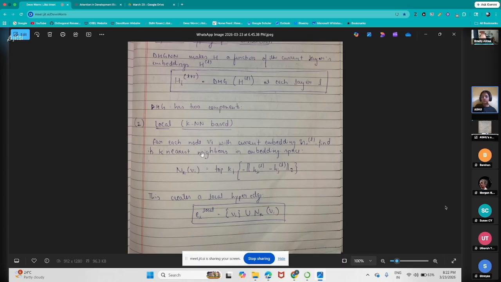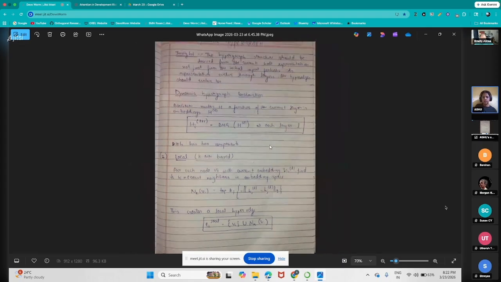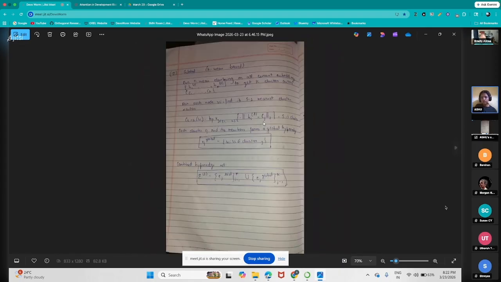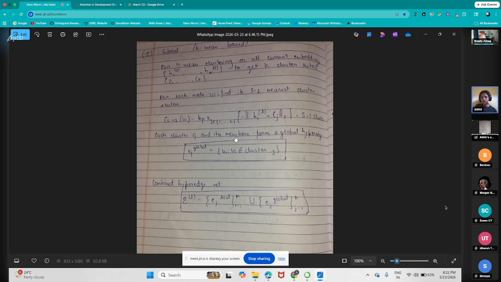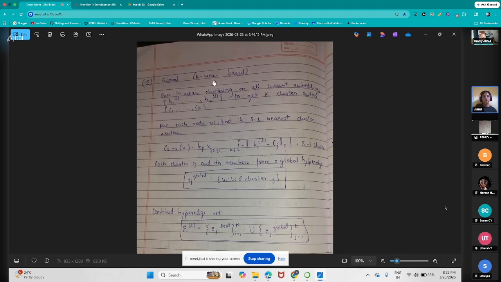So for each node Vi with current embedding Hn, it finds its k nearest neighbors in embedding space. This is the equation, in which the k nearest neighbors of a node are found and the hyperedge is made locally. The other part is global, which is k-means based.